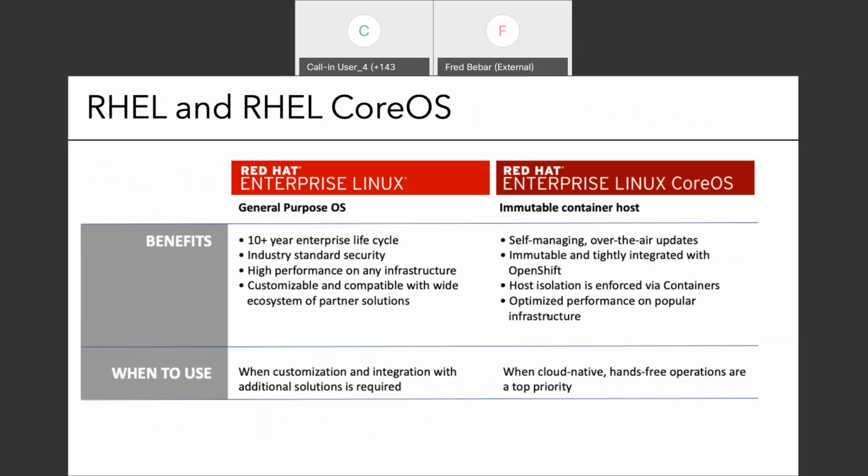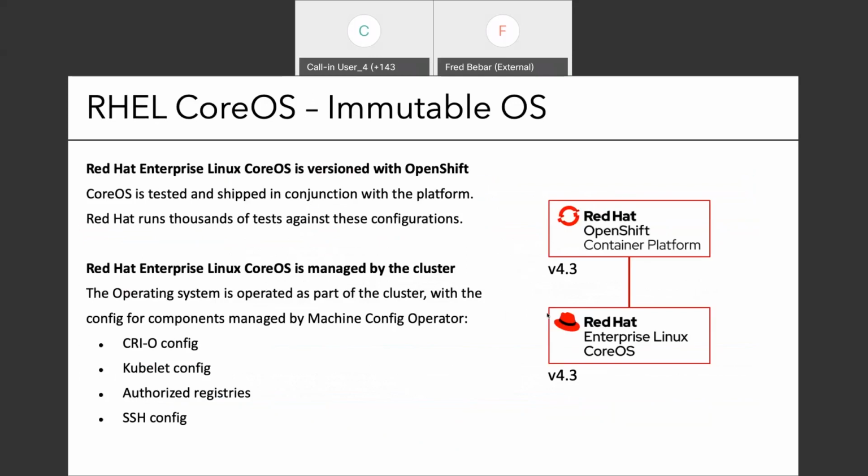CoreOS is self-managing, immutable, upgraded as part of OpenShift, tightly integrated with OpenShift, only really used for containers, and it means that we as infrastructure administrators or deployers should not really have to worry about the underlying OpenShift operating system, as we used to do in version 3, when we were running 3.11 on Red Hat Enterprise Linux.